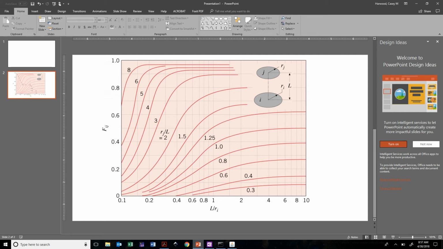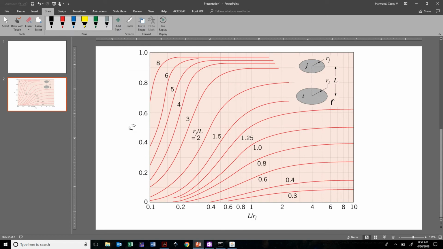So the two factors we need to figure out, right? If this is the problem definition, I guess we're looking for F_ij, so our small cap is going to be the one that's shown at the bottom here.